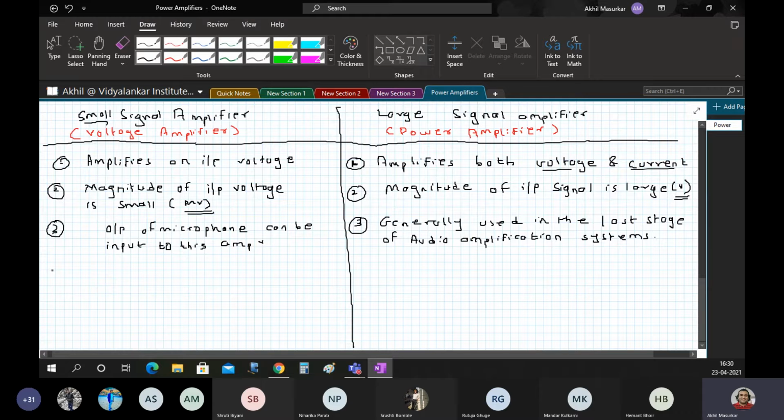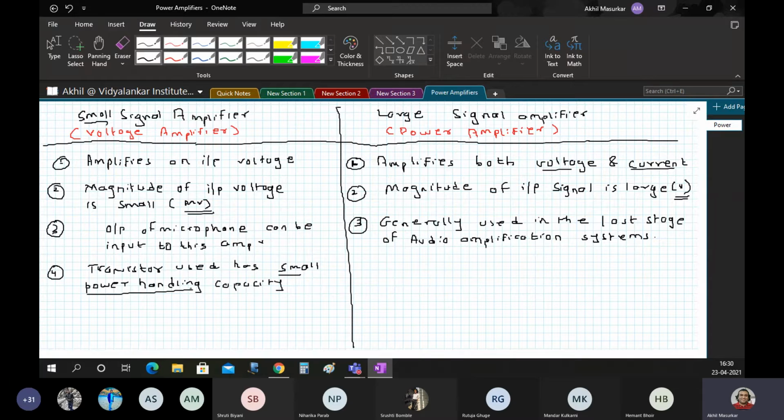Here you also need to talk about the transistor used: it has small power handling capacity. That is why when we designed our amplifiers, we never spoke about how much power dissipation there was.